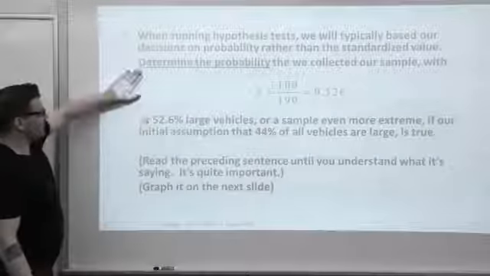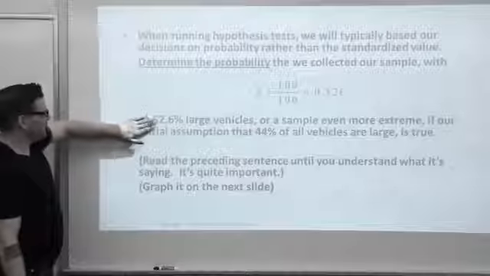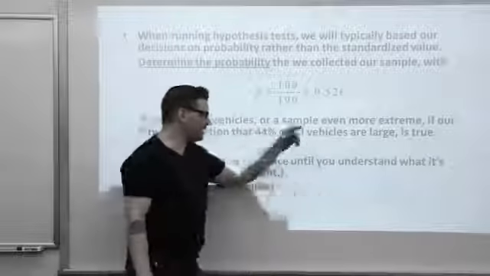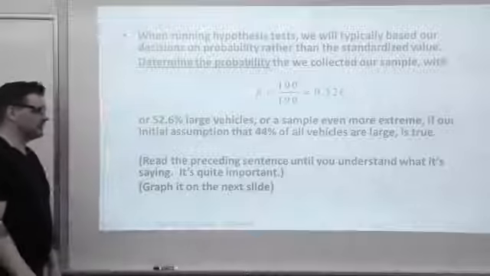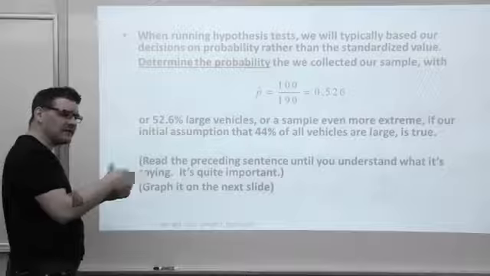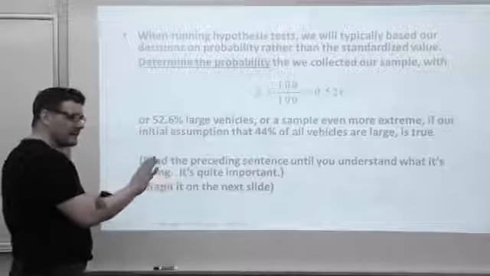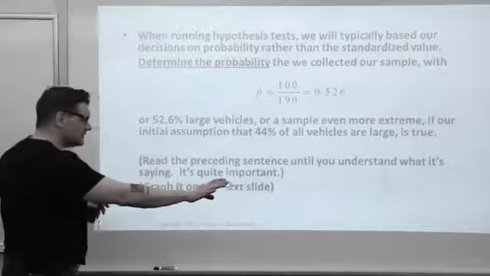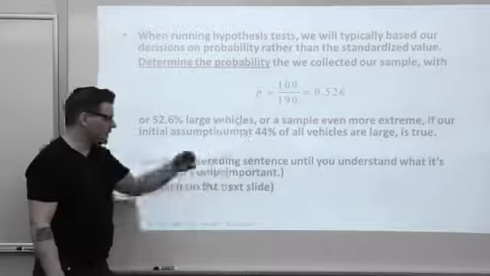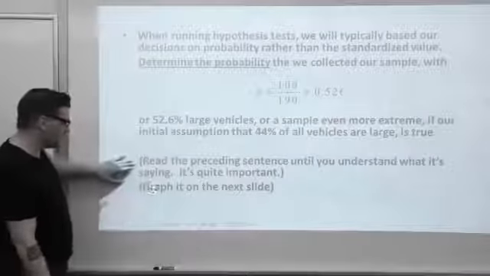So determine the probability that we collected our sample, 52.6% large vehicles, or a sample even more extreme. It's important. I don't care about exactly 52.6, but 52.6 or even further away, if our initial assumption was true. We assume 44% of vehicles were large.